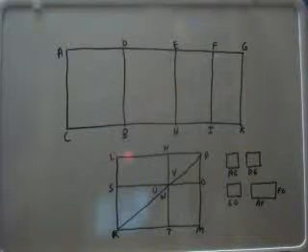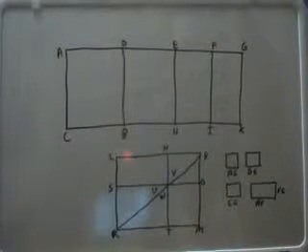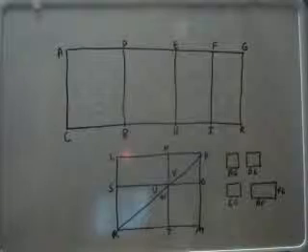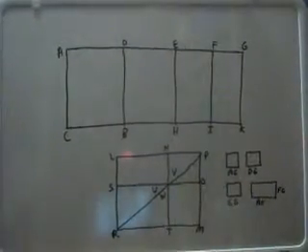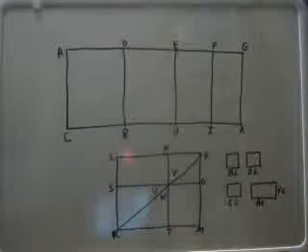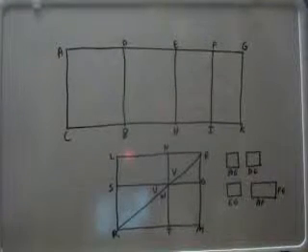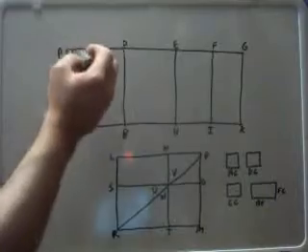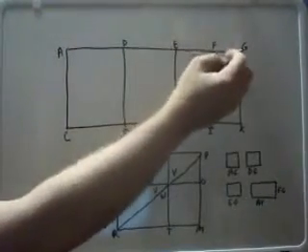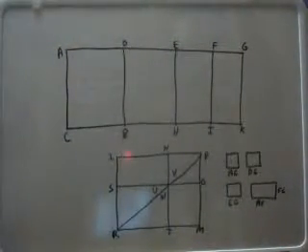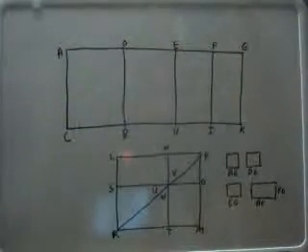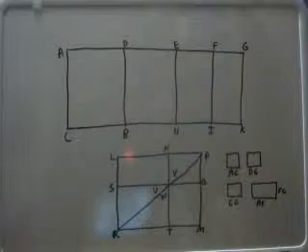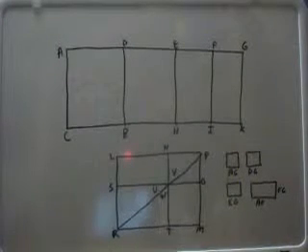Since the rectangle contained by AF and FG is equal to the square on EG, okay, so this has the same area as this. Therefore, as AF is to EG, as this line is to this line, so is EG to FG. This is by Euclid Book 6, proposition number 17.